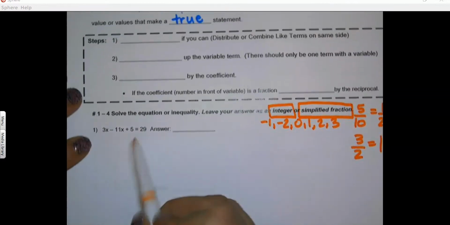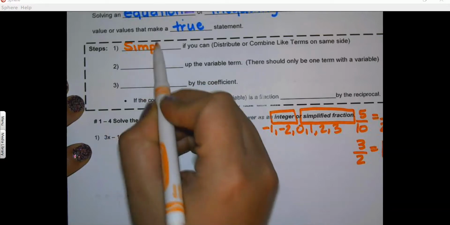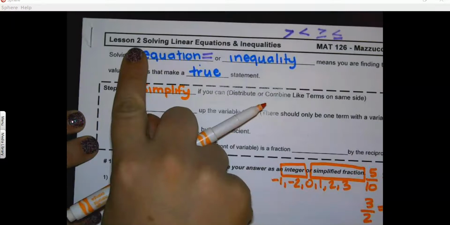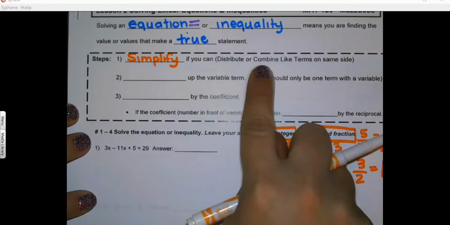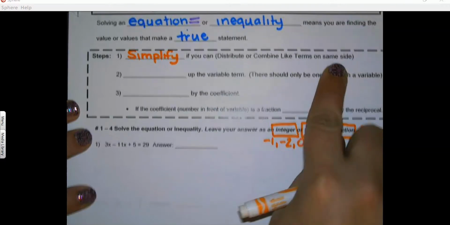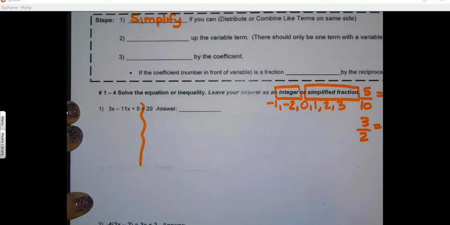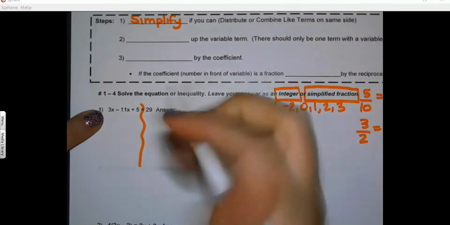Okay. So when we are solving an equation, the first step is to simplify if you can. So this is lesson 2, and in lesson 1 you learned how to distribute and how to combine like terms. So using lesson 1, we're going to do that on the left side of this equal sign. On the left side, we have like terms.